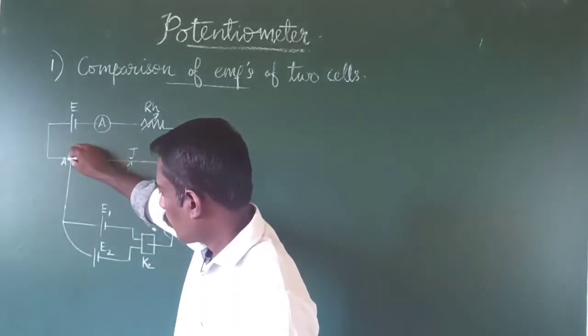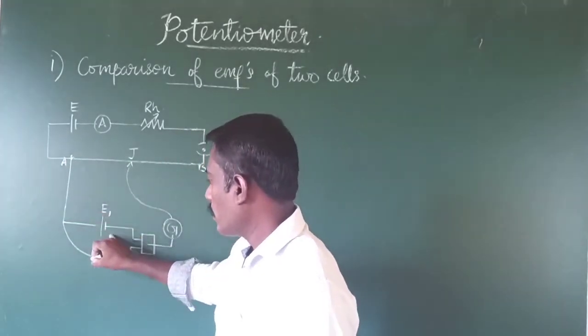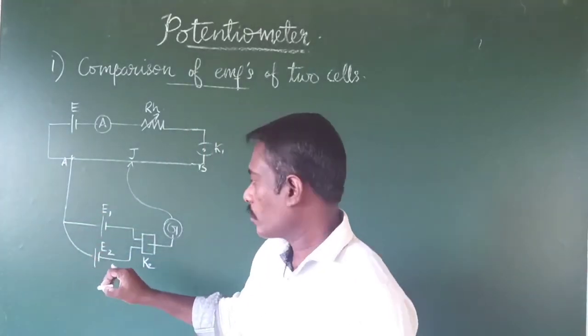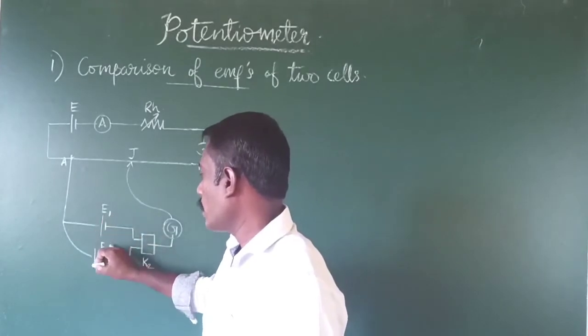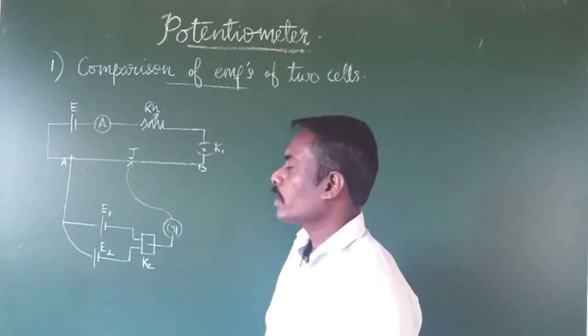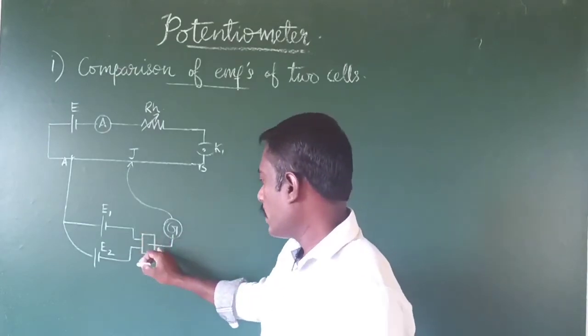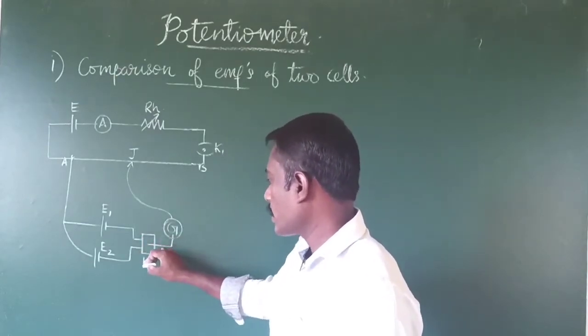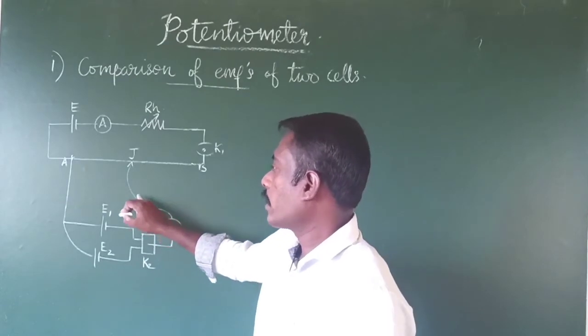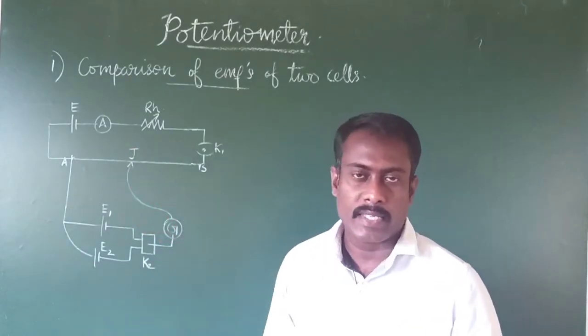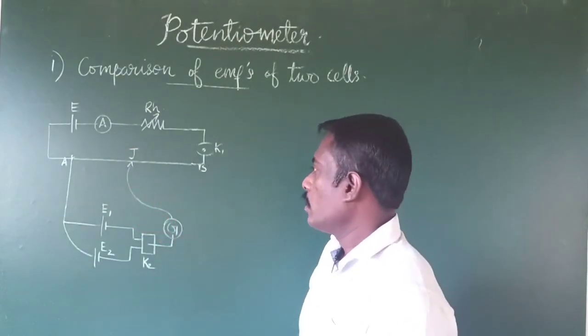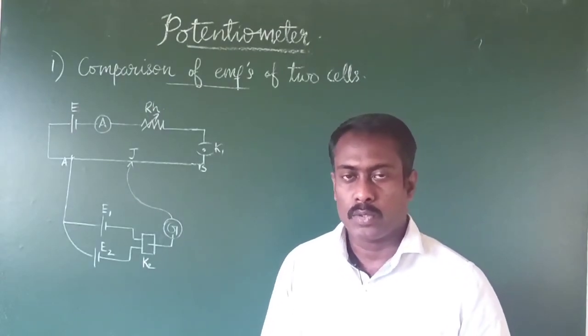Again from the point A, two cells whose EMFs E1 and E2 are to be compared are connected through a key, and a galvanometer is connected to the key and then to the slider, called the jockey, to get the balancing length of the wire.